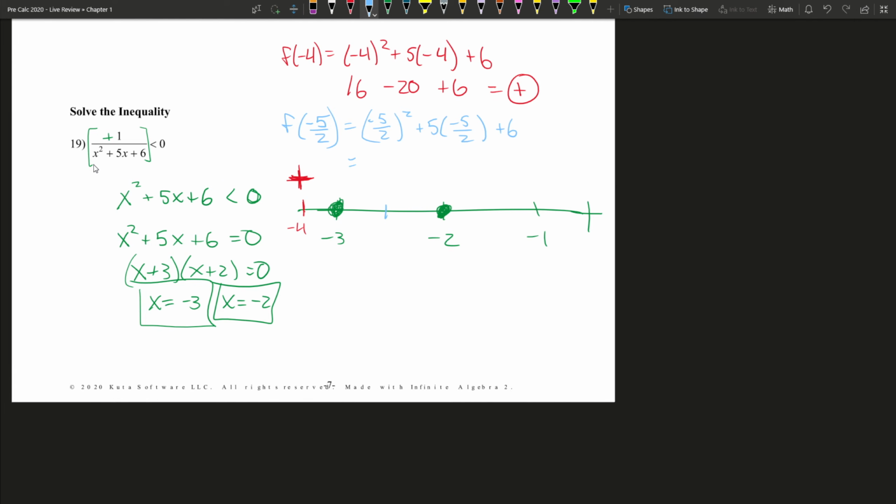When we do this, take out my calculator.